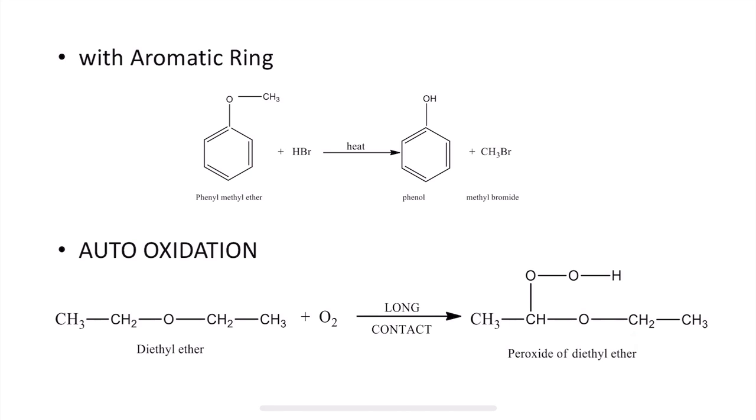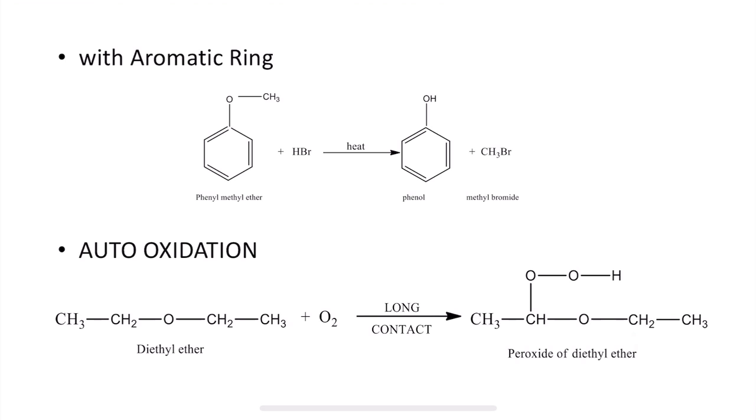So that is why we should be very careful while handling ethers. Ethers can easily react with atmospheric oxygen, and they can catch fire, so they are hazardous. This is because of the formation of peroxides, which decompose violently at higher temperatures. When a sample of ether containing peroxides is distilled, the peroxides concentrate in the residue.